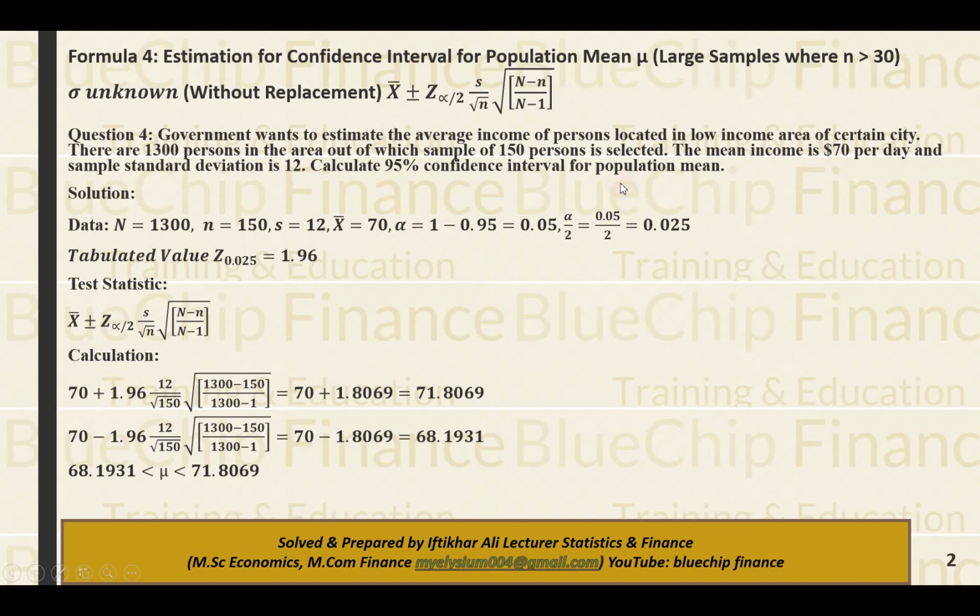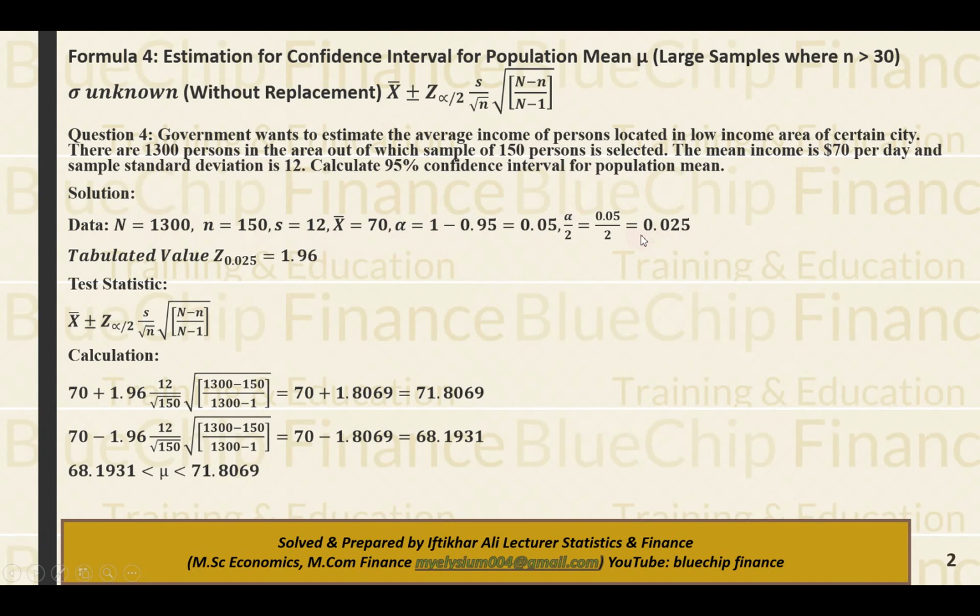So first of all, after locating the data, the next step is to calculate the alpha value. So confidence interval is 95%. So alpha will be equal to 1 minus 0.95, that is equal to 0.05, and alpha by 2 will be equal to 0.025.